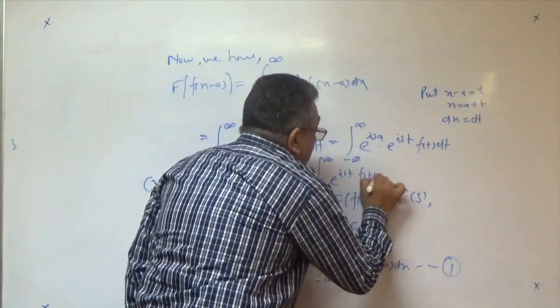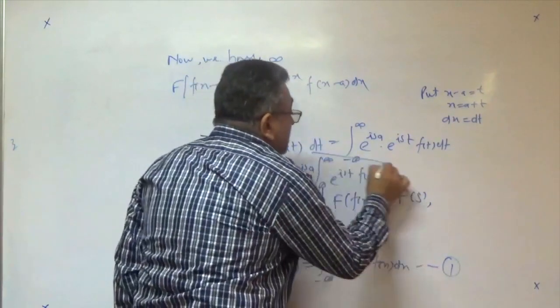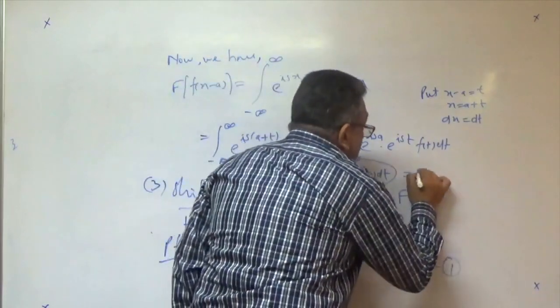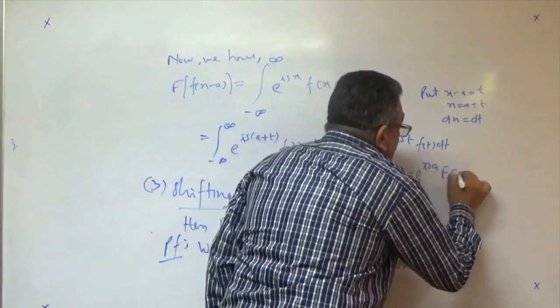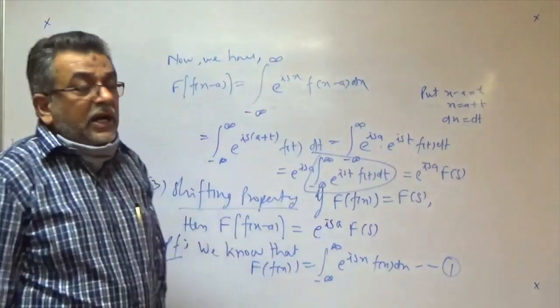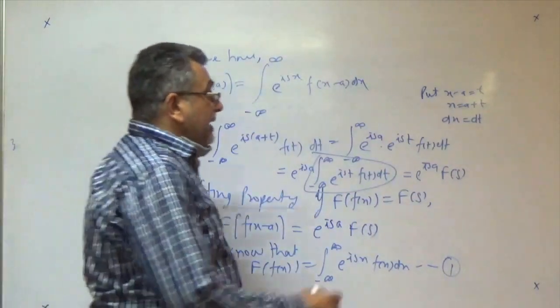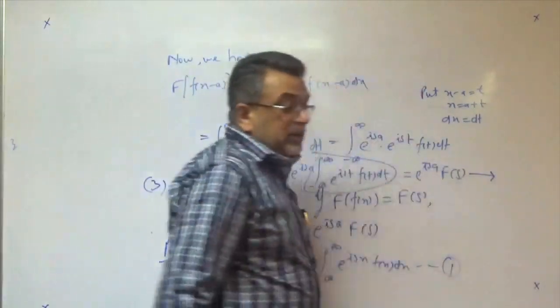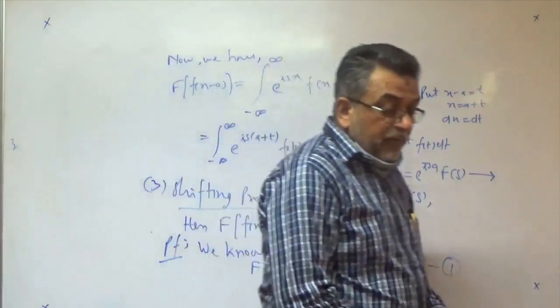By the first equation, this term is again the Fourier transform of f, denoted by capital F, and that is your required result, the right hand side of the shifting property.